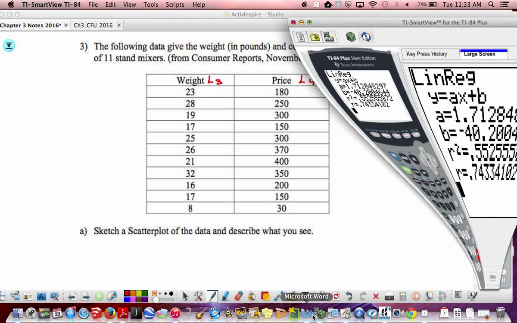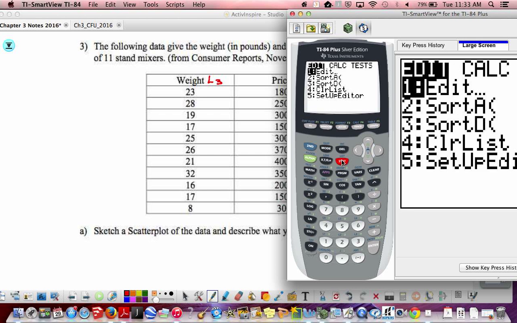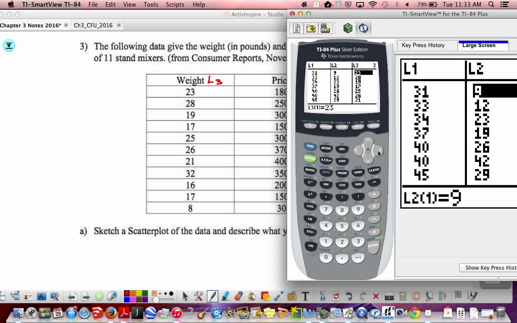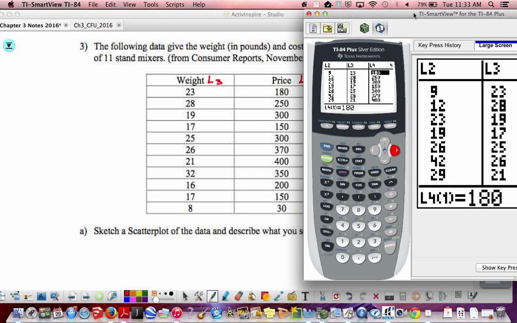And I'm going to take a minute and verify that my mixers in here are correct, so I don't have one typed in incorrectly like I did in the last one, which does happen from time to time.